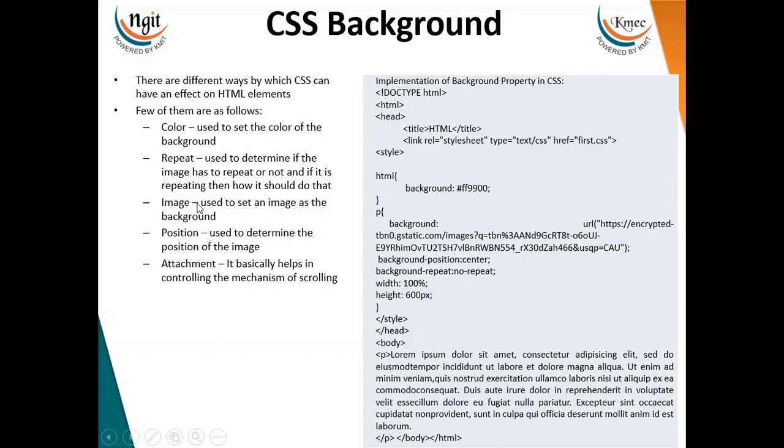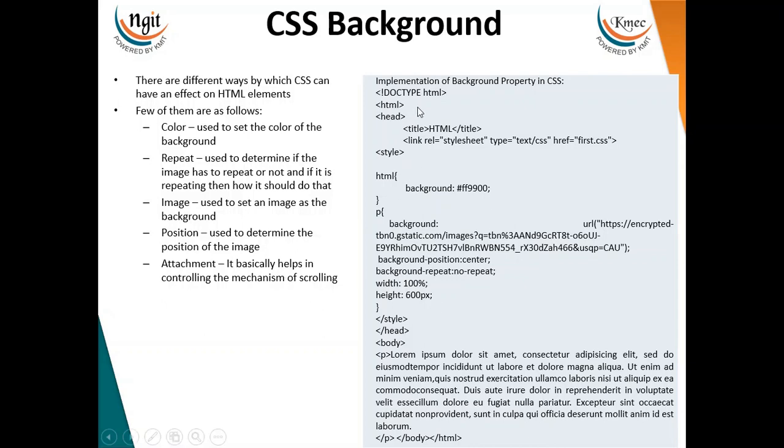Image is used whenever you want to set an image as a background. Position is used to determine the position of the image, whether it is left aligned, right aligned, center aligned, or for the whole background. And attachment basically helps in controlling the scrolling mechanism. When you are scrolling down, the attachment will help you.